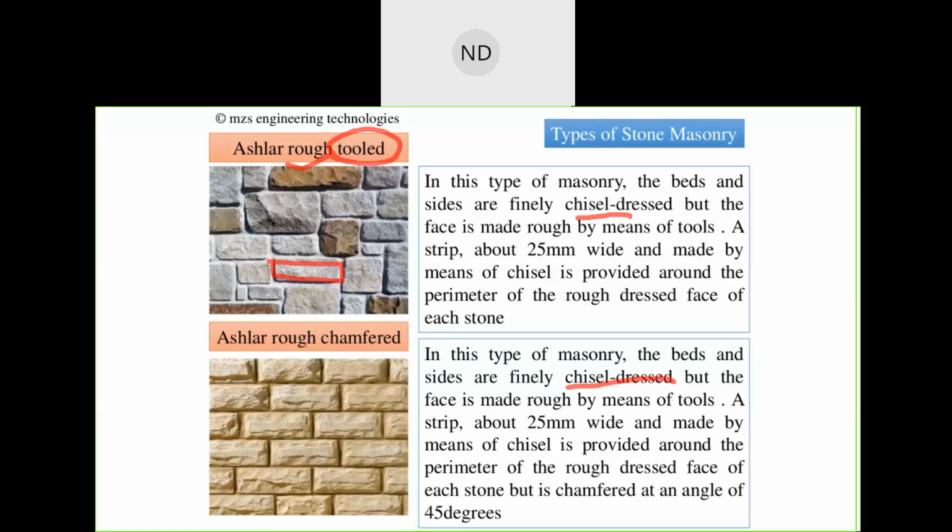Here also they will do the same thing. On each stone, they will take the help of the chisel to make it rough. But here what happens? It is chamfered at an angle of 45 degrees. Okay, so what do you mean by this?